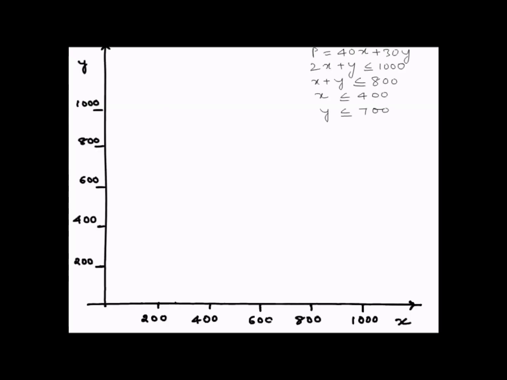So the first line, 2x plus y equals to 1000, has a y-intercept of 1000 and an x-intercept of 500. So let us plot this line. So this line represents 2x plus y is equal to 1000.